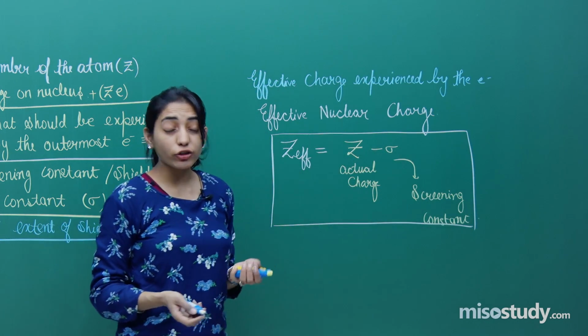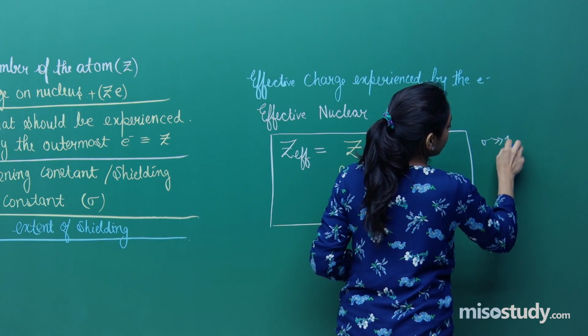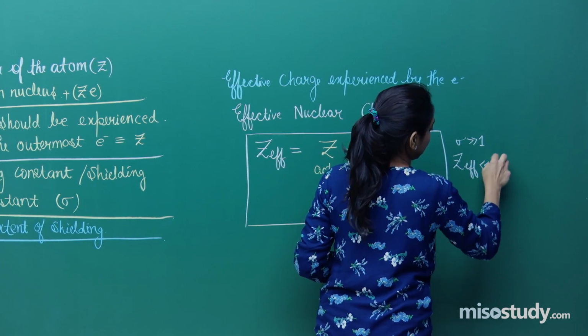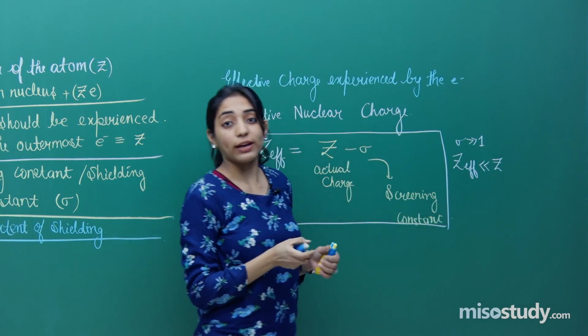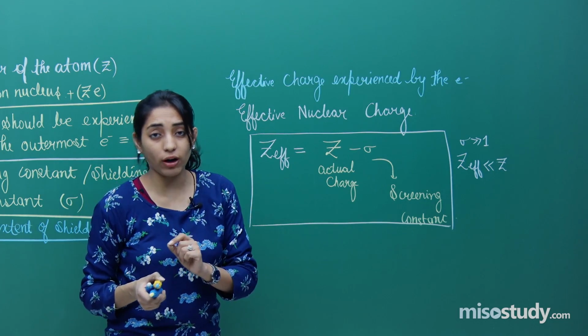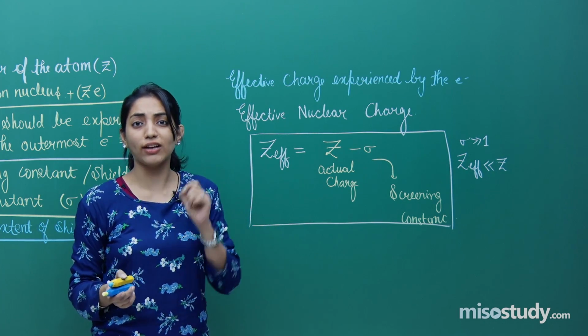Clear enough? For sure sigma will be greater than 1. So if the value of sigma is greater than 1, then the value of Z effective will be lesser than the value of Z.